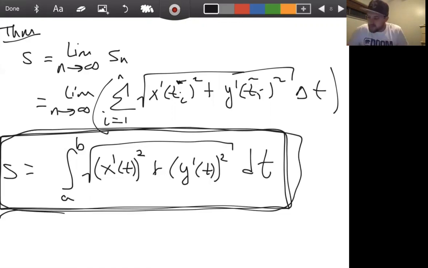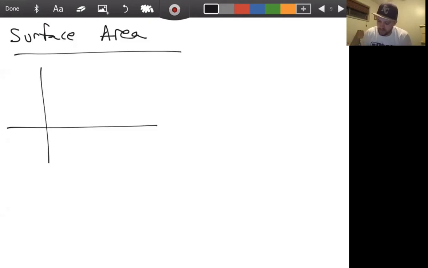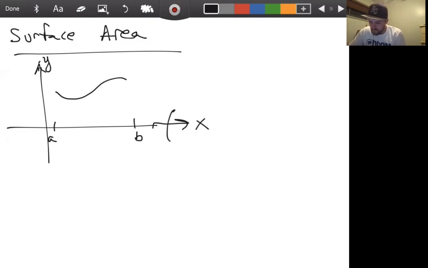And to wrap this up here, I promised that I would also talk about surface area given by a parametric curve. So say we have some parametric curve. Say it does something like this from a to b. Well, you can imagine rotating this curve about the x-axis.